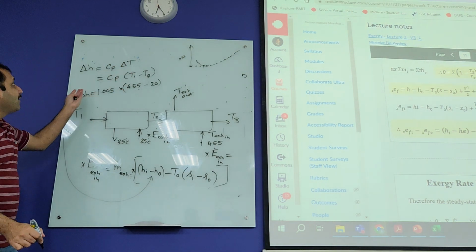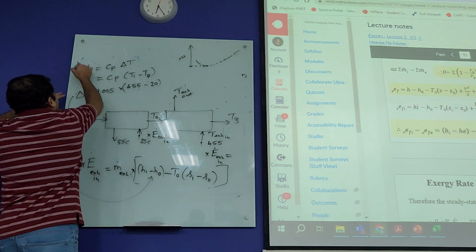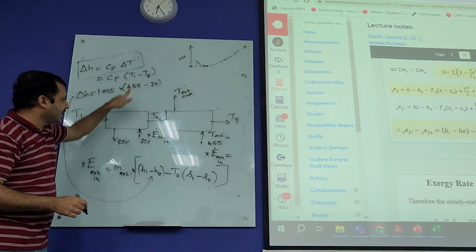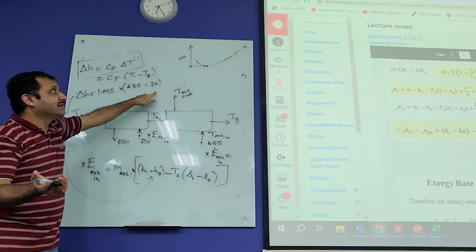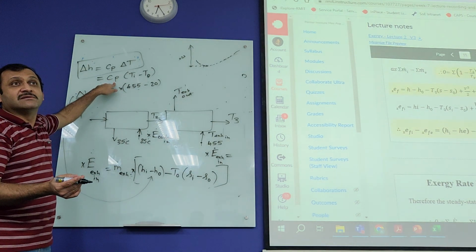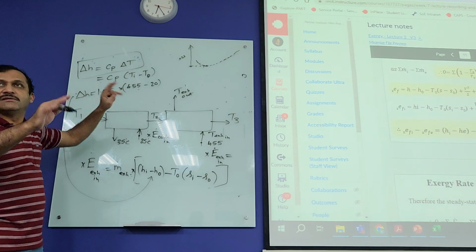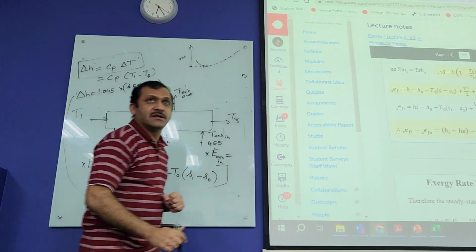Clear? Now, if this was for coolant, what are you going to do here? This stays the same for coolant, but what temperature will be for coolant? What will be the in temperature? 85. Dead state, still 20. What will be the Cp of coolant? We are assuming it to be same as water, 4.18. Simple.